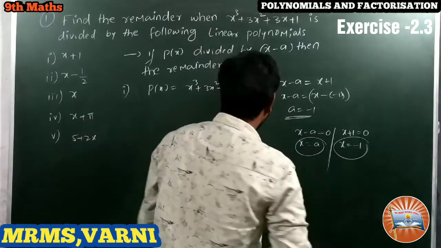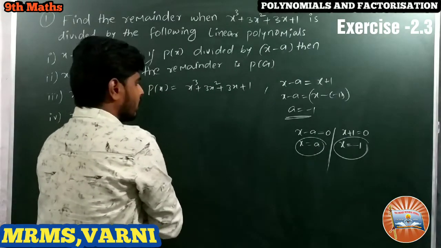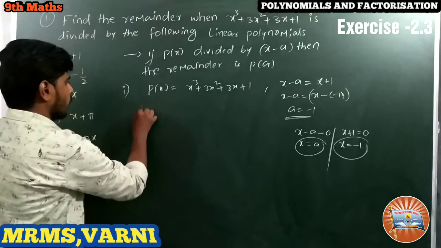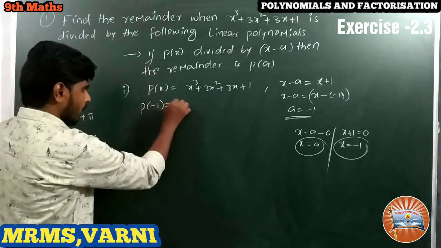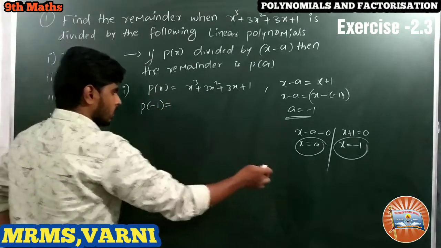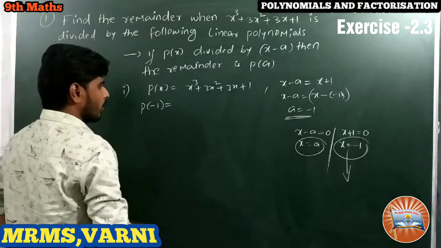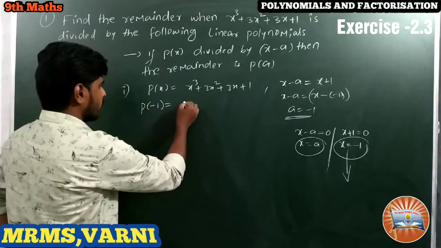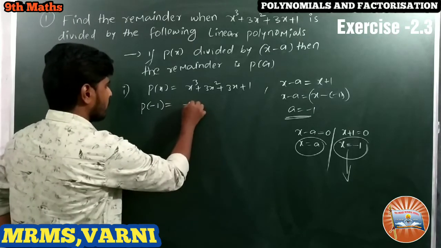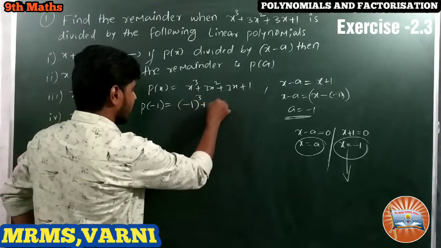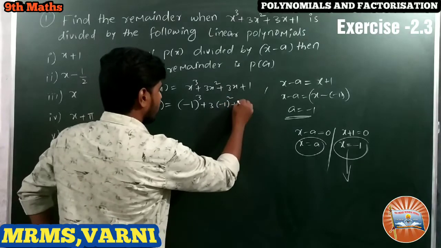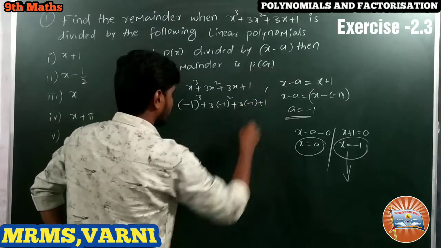Okay, so we need clarification, that's it. So we have to find p of minus 1 because we have to substitute this. We need the remainder. We will divide by x plus 1. Okay, right. By remainder theorem, I am going to solve this. Minus 1 whole cube plus 3 into minus 1 square plus 3 into minus 1 plus 1.